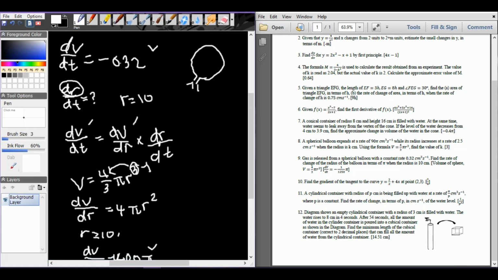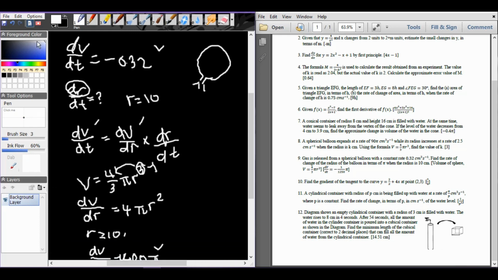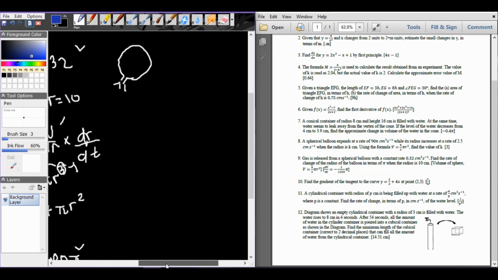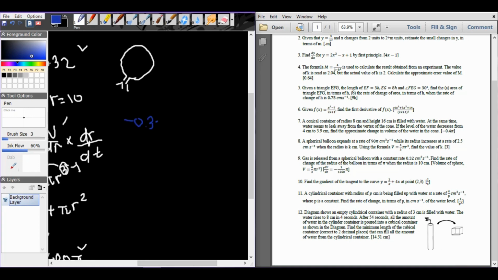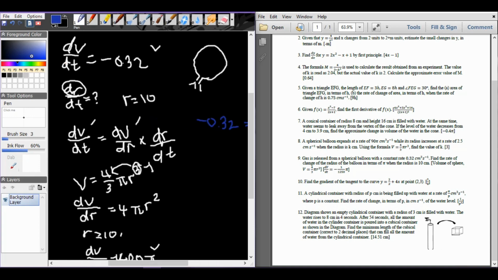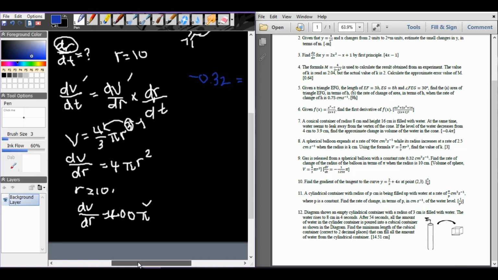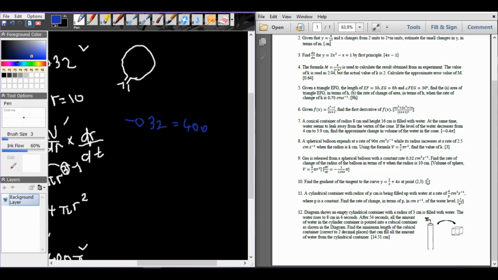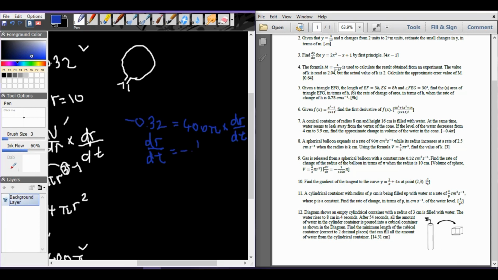So now we are going to find dr/dt. So dV/dt is negative 0.32 equals dV/dr, 400 pi, times dr/dt. Now dr/dt equals negative 0.32 divided by 400 pi. The answer is negative 1 over 1250 pi.